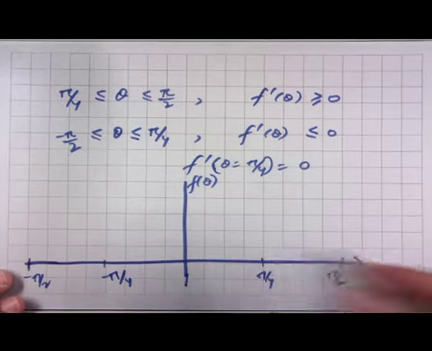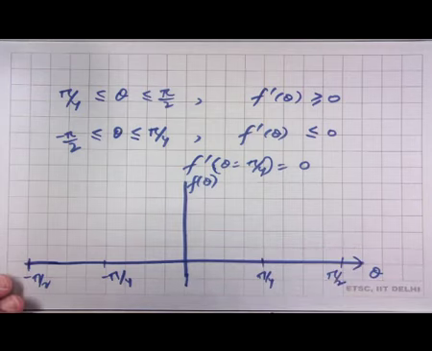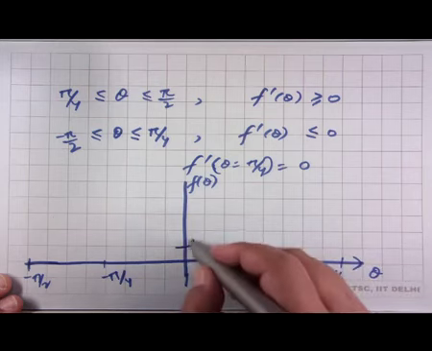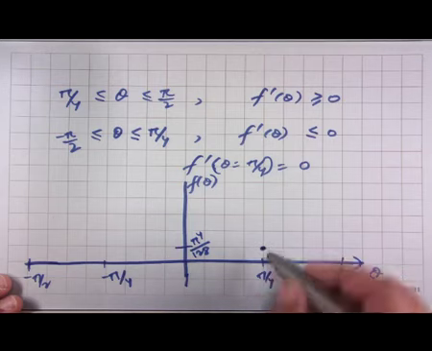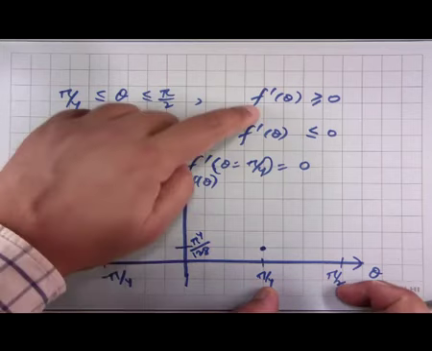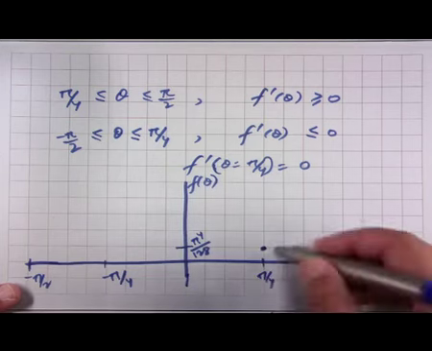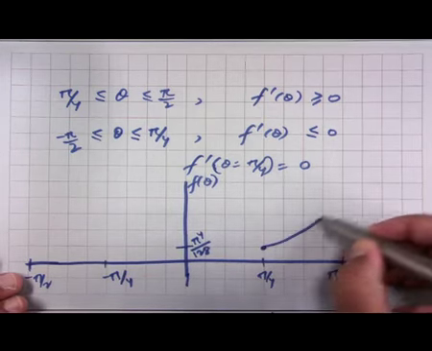The minimum value, as we have seen, is pi to the power 4 by 128. So let us say this value here is pi to the power 4 by 128, and that minimum value is attained at pi by 4. Now we know that in this interval f dash theta is positive, and therefore f theta will increase monotonically in this interval. So it might go something like that.